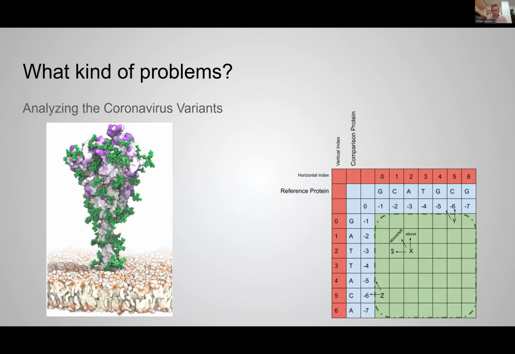But here's another one. We've all had our lives changed by this virus. And one of the ways that we were able to get through it so quickly was because of computation and its ability to sequence or look through the genetics of the virus.